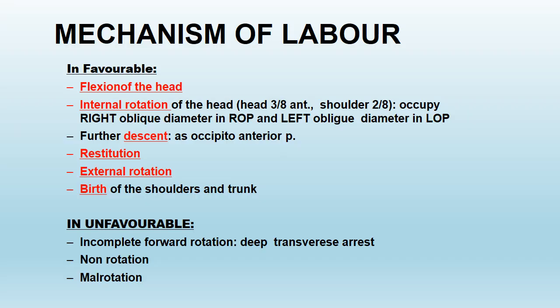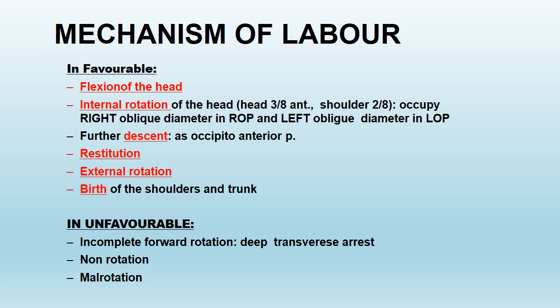Mechanism of labor. In favorable condition, flexion of the head occurs, then internal rotation of the head by 3/8 of the circle anteriorly and the shoulder 2/8 of the circle occupy the right oblique diameter in right occipito-posterior or left oblique diameter in left occipito-posterior.